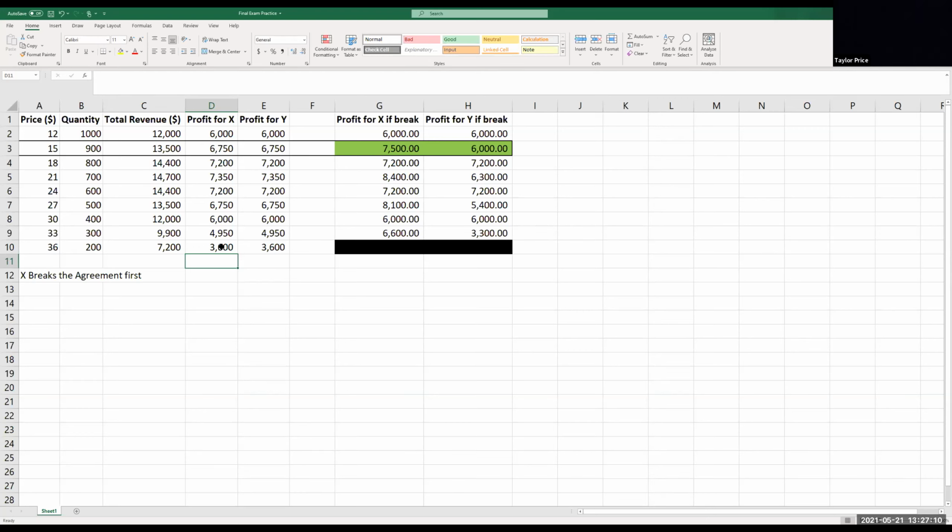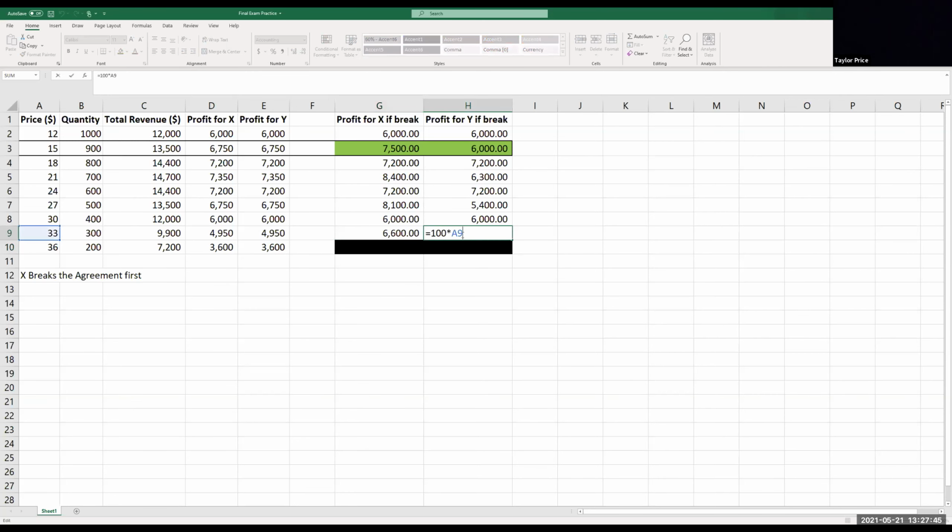From here, you have to determine how far they're going to go down to end up at this outcome. We know we're at this outcome right here, and firm X is the first firm to cheat. Because firm X cheats first, they are going to sell a quantity of 200 at this price.